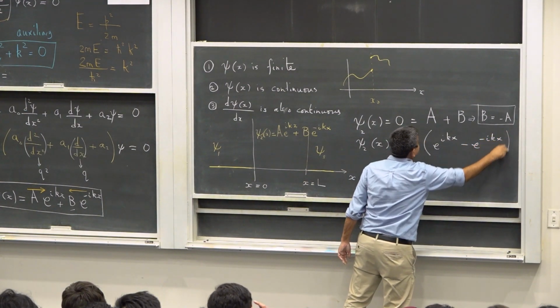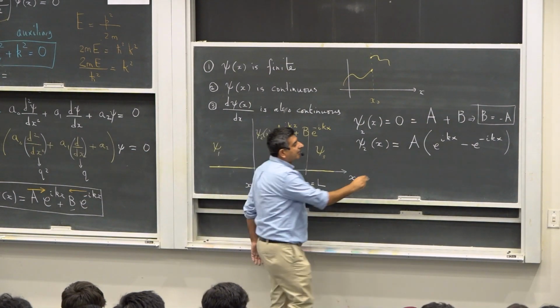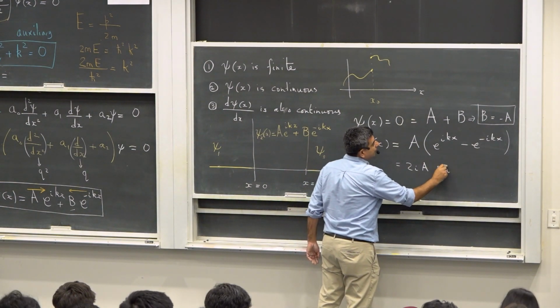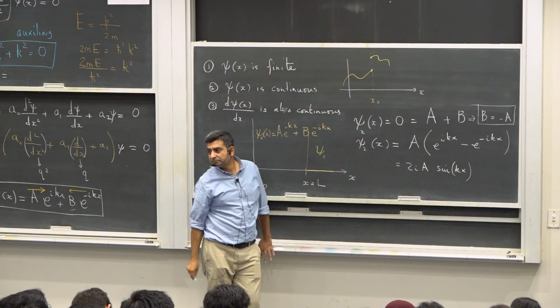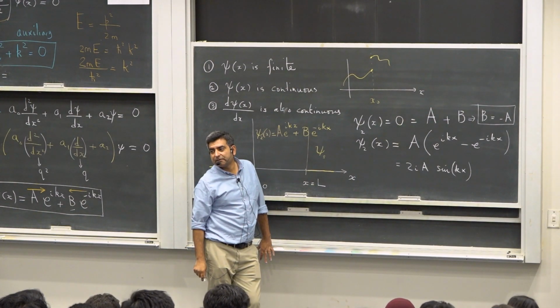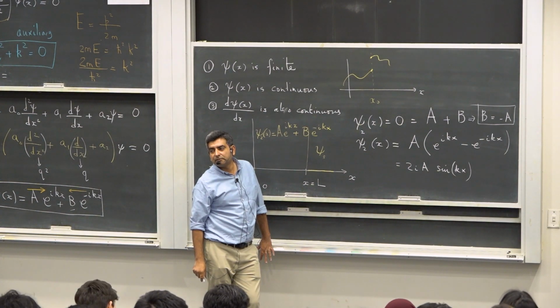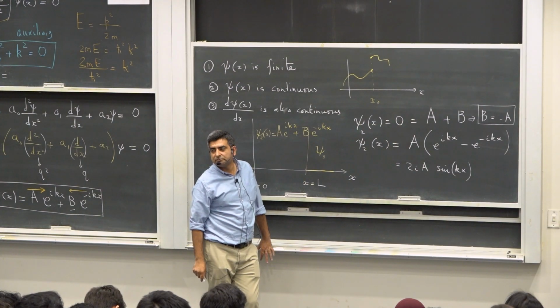This wave function must match up with the wave function at this point, correct? Because the wave function is continuous. So the value of this wave function and this wave function must synchronize, must latch up at x equals 0. Therefore, this function at x equals 0 must be 0.